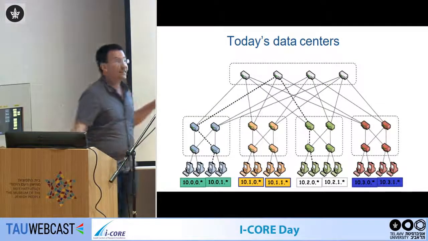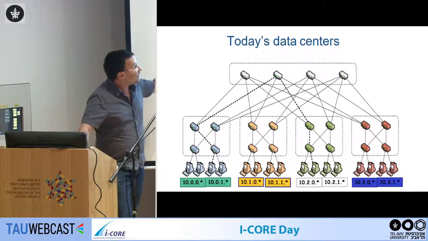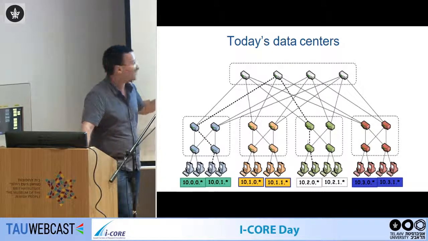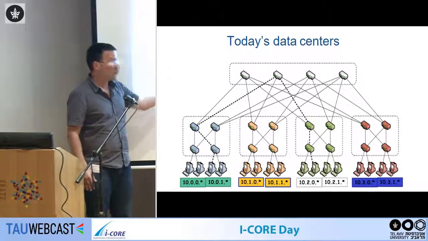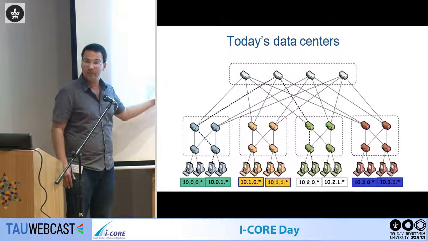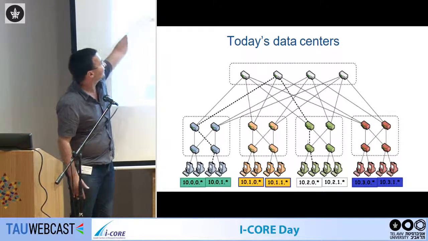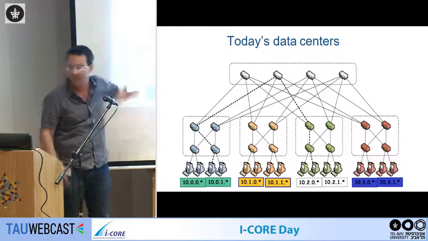So what do today's data centers look like? At a very high level, this structure has many names, Clos networks and fat trees, et cetera. But at a high level, it's a multi-rooted tree where the server racks are at the bottom, and above the server racks, we have switches that are interconnected to other switches that are interconnected to another layer of switches.